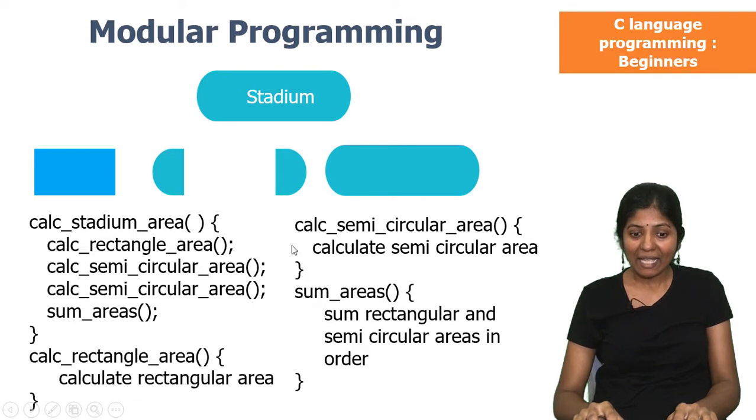After that, I am using this calculating semicircular area function. If you notice, I am using this calculating semicircular area function 2 times because we are having 2 semicircular portions here. After that, I use the sum areas function, which will add all these areas together.